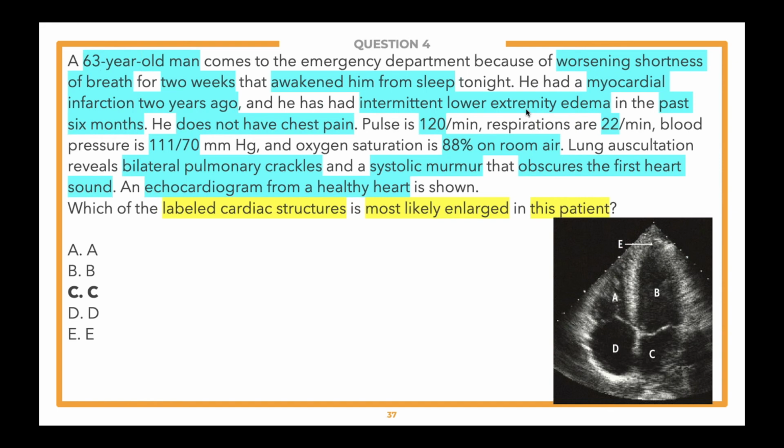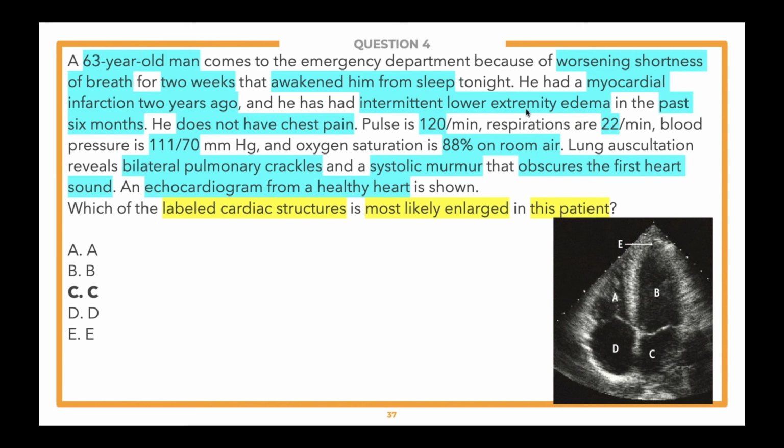The patient also has crackles in the lungs, which means there's probably fluid there, and a systolic murmur that is obscuring S1. If you remember what causes S1, that would mean this patient might have an issue with the mitral valve or the tricuspid valve.